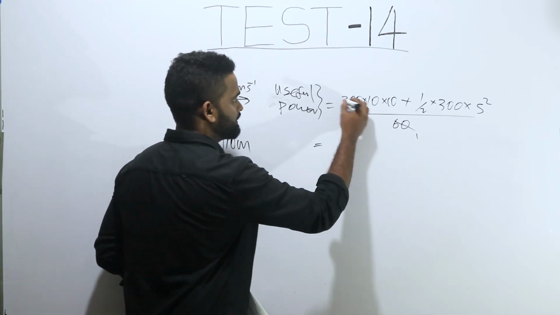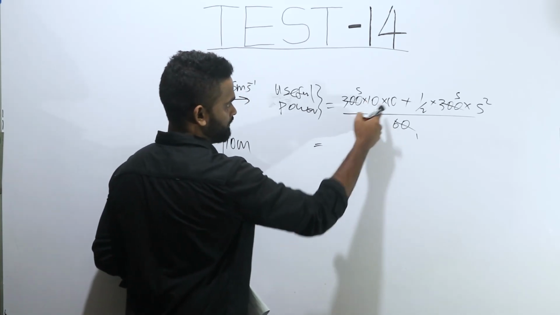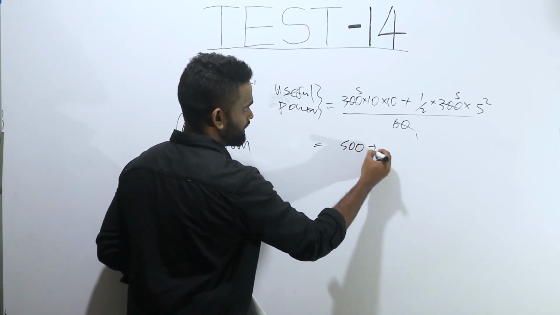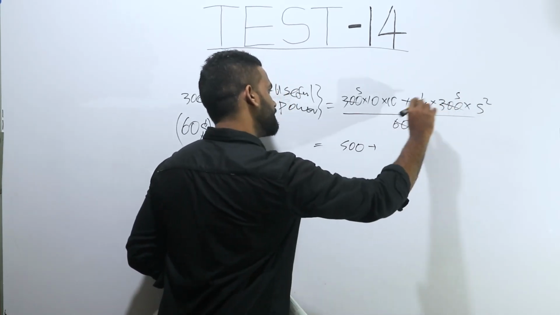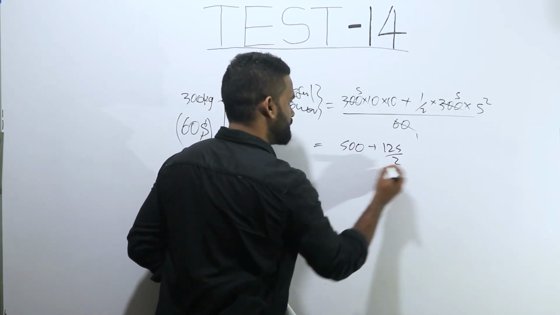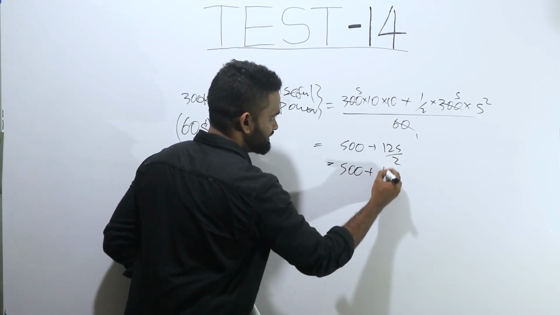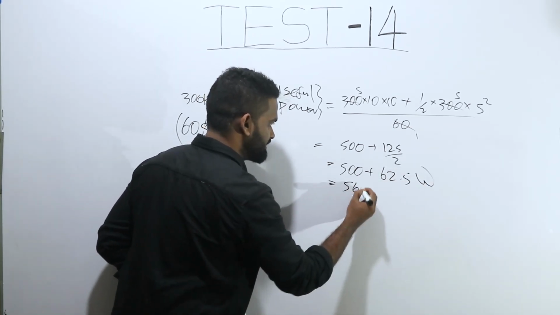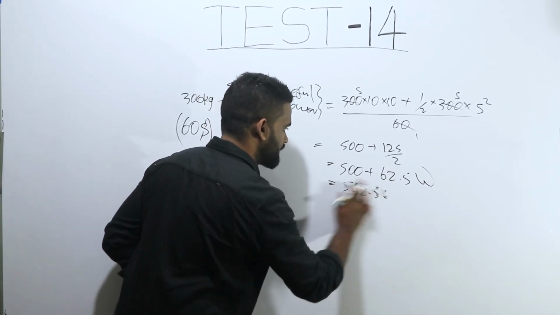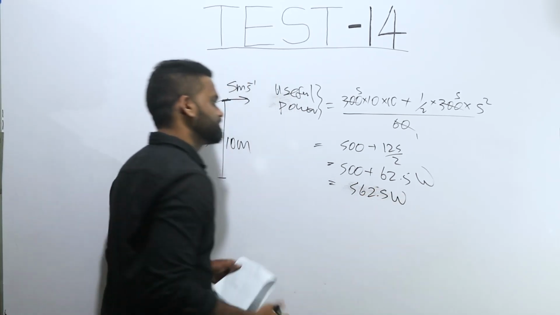Then 60, here you have 5. So this is 500 plus 25 times 5, 125, divide by 2, 500 plus 62.5. This is 562.5 watts.